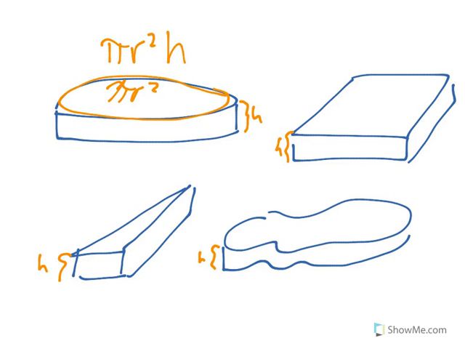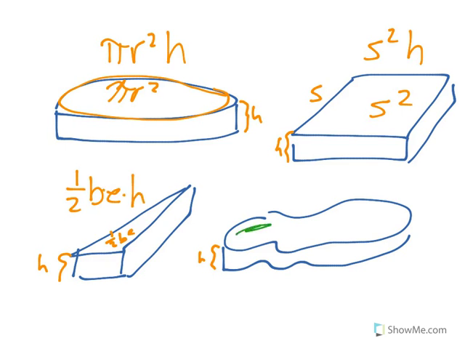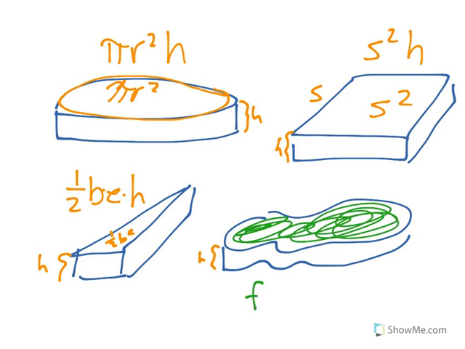If this one has side S, the area of the face is S squared, so the volume is S squared h. If this is a triangle, it's 1/2 base times height, and we'll use a different letter for height, E, times the whole thing. For an irregular shape, if I can find the area of the face, the volume of the whole thing is the face times the height.